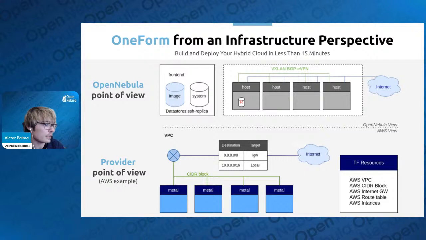By default, in this case, OneForm is using the local storage of the instances to run the virtual machines, but we can also configure OneForm in order to create and use a Ceph cluster. So we can expand this as much as we want.